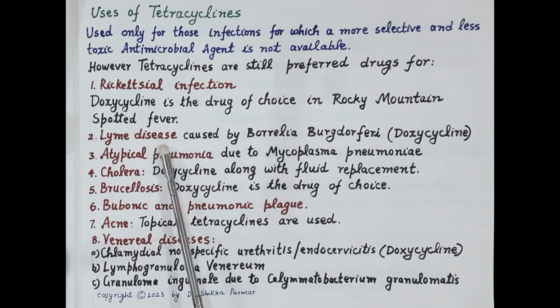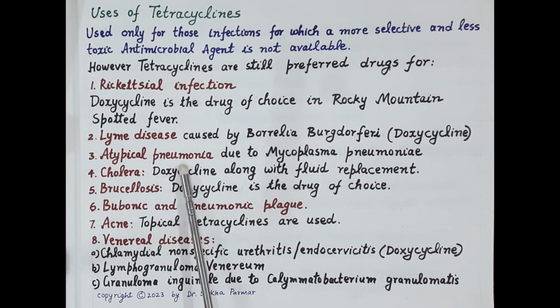It is a disease that is characterized by rashes of bull's eye pattern on the skin and flu-like symptoms. Then tetracycline therapy is also effective in the treatment of atypical pneumonia caused by Mycoplasma pneumoniae. Then cholera.